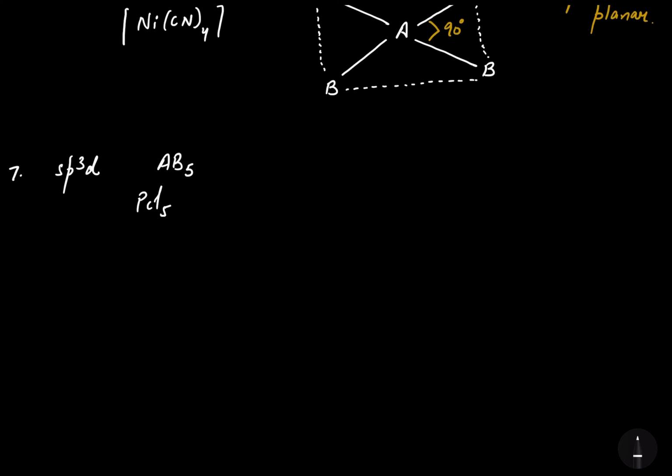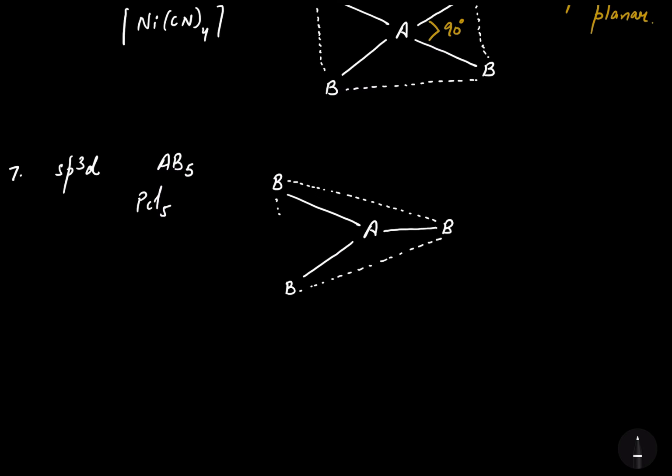Now let's draw a structure. The A is over here, that's first B, that's second B, and that's the third B. Now we are just imaginarily linking the B's just to make you understand this structure in 3 dimensions.